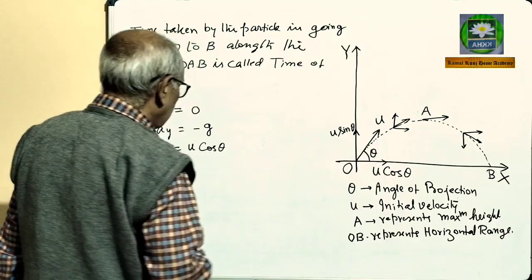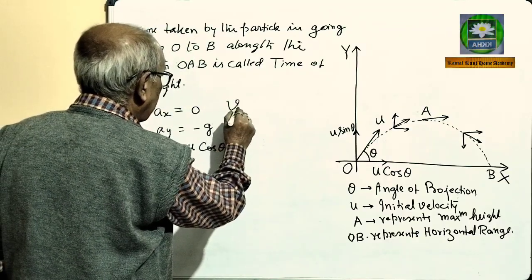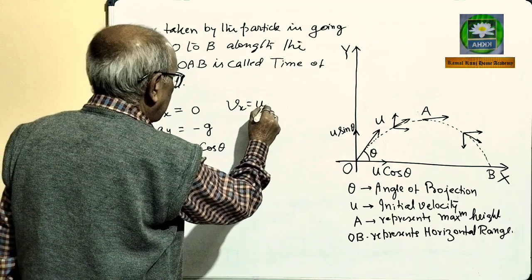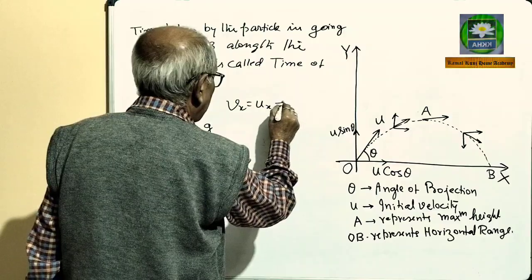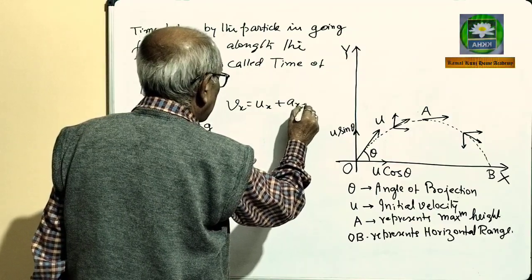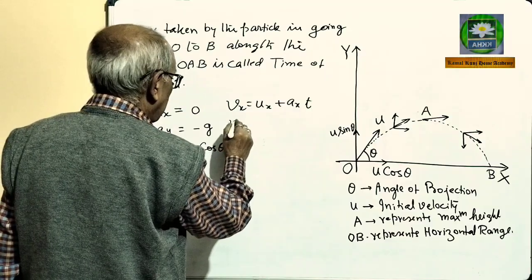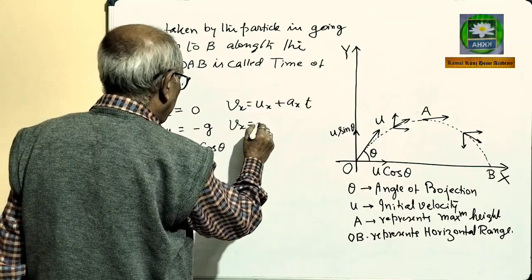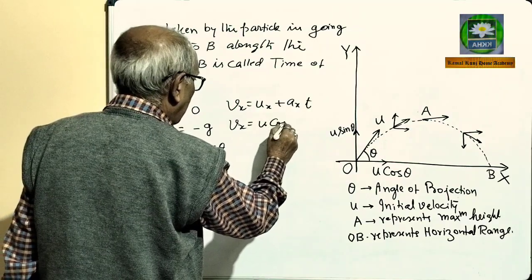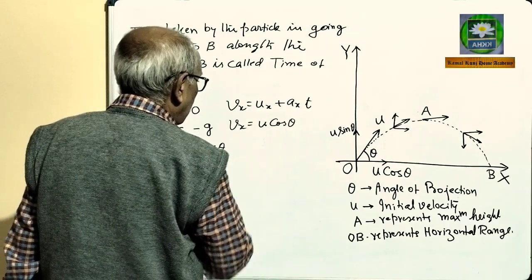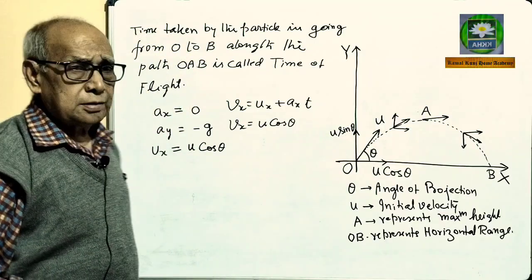It remains constant because vx is equal to ux plus ax t. Here ax is 0, hence vx is equal to ux, which is u cos theta. So along the x line velocity remains constant.